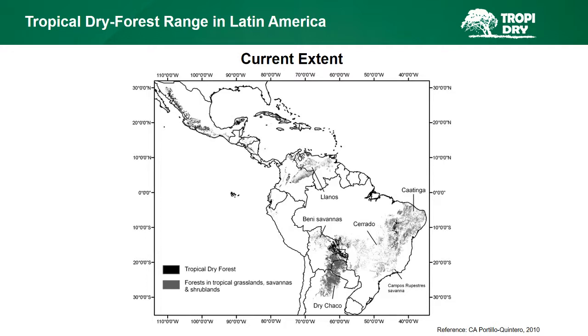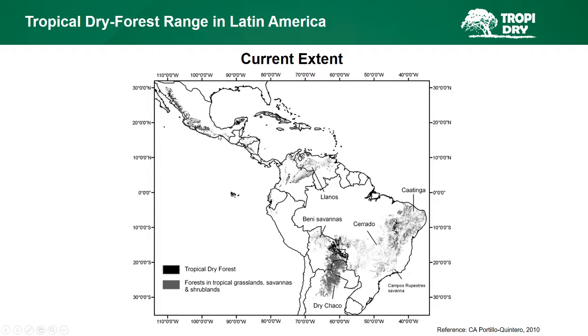This started to happen in the 1700s when farmers started to cut down tropical dry forests because the land that tropical dry forests usually thrive on is actually really good farmland as well, or pasture land for ranching or other types of pastoral activities.